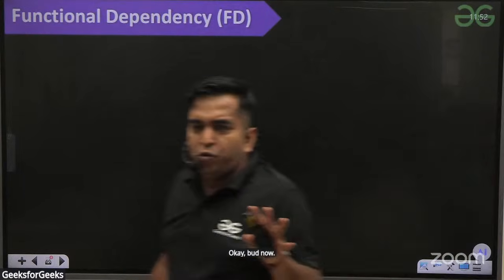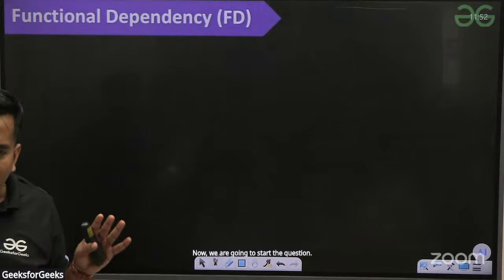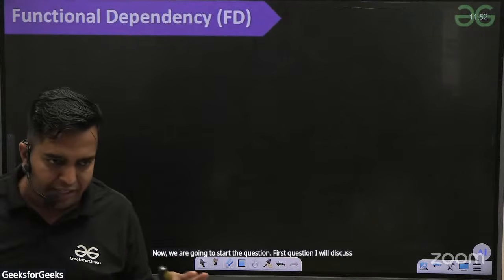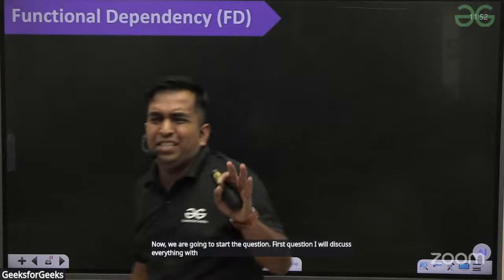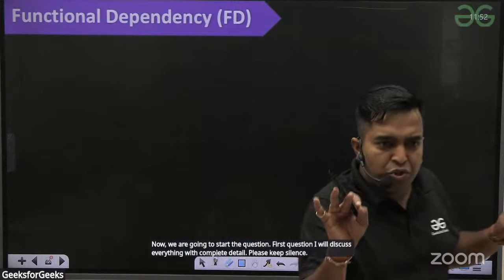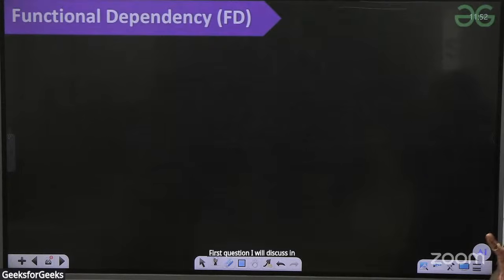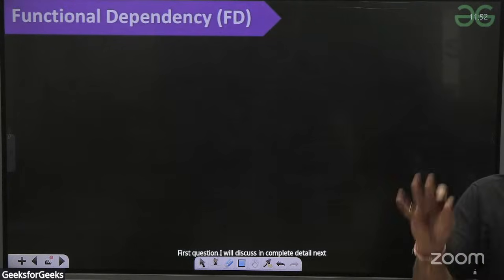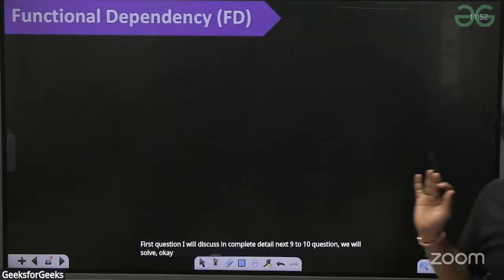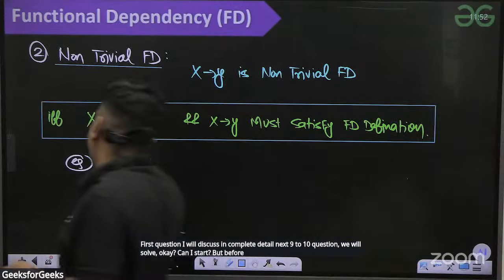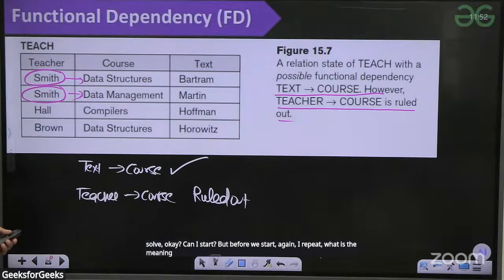Now we are going to start the questions. The first question I will discuss in complete detail. Please keep silence. The next 9 to 10 questions we will solve. Before starting, again, what is the meaning of FD?